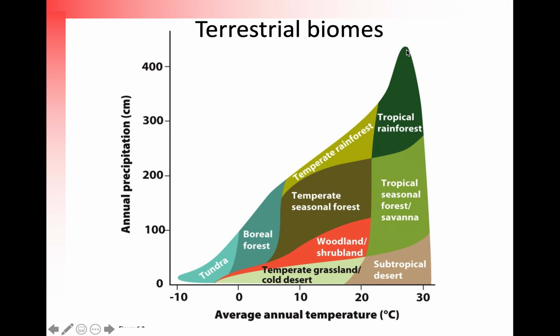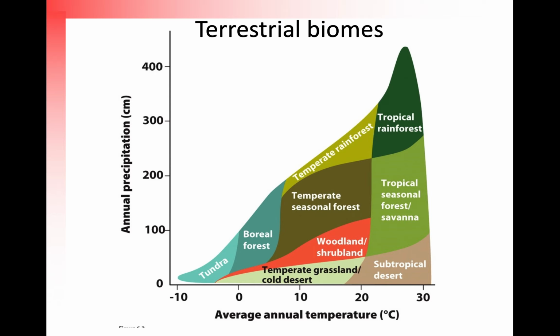Let's go up into the top right-hand corner where we have high precipitation and high temperature. This is where you would find a tropical rainforest biome. Okay, I know we haven't gone through the individual biomes yet, but hopefully you were able to watch at least the introductory video to this lecture from Chapter 3.